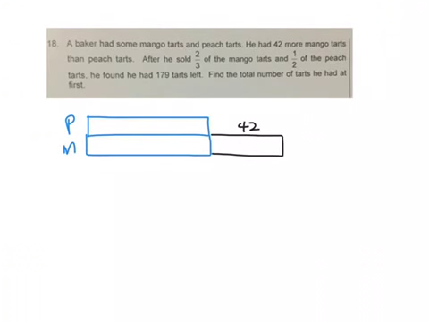Now after he sold 2/3 of the mango tarts, what I can do is divide this part into 3 equal parts, 2/3 sold, and then I divide the extra into 3 equal parts, and he sold 2/3 of this as well. Then I also know that he sold half of the peach tarts, which is half.